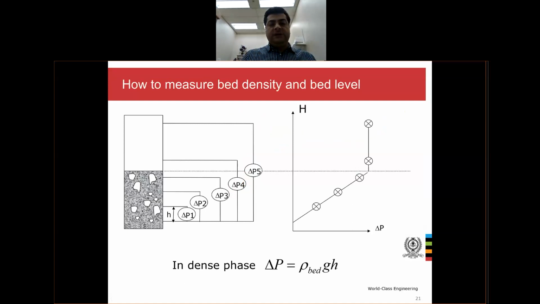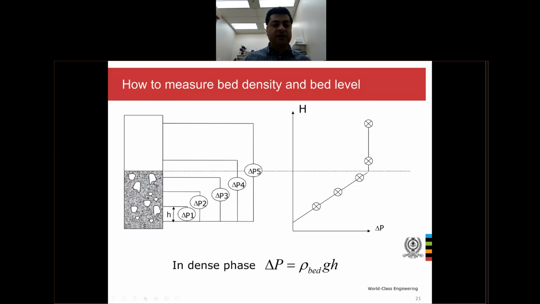But let's say you are just new in fluidization, or you are just designing a fluidized bed reactor, and you want a very simple method to find out the delta P of the reactor and the height of your fluidized bed reactor. It's very simple.